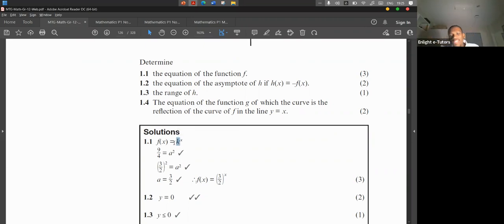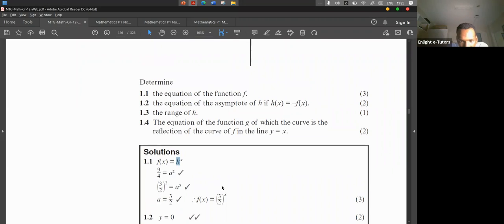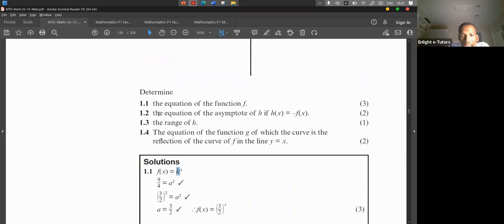They say f at x is equal to k at x. And then they took the coordinate that doesn't have a 0, because once you have a 0, things will not be solved easily. So they took a coordinate that has both numbers, substituted it, and got their answer here. And then question 2: determine the equation of the asymptote of h if h at x is equal to minus f at x.